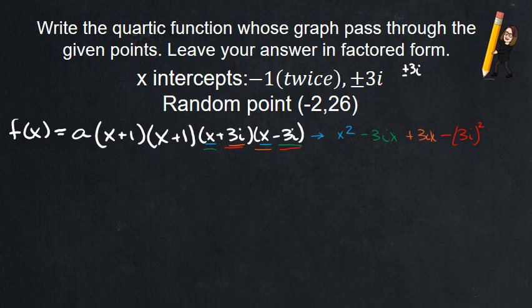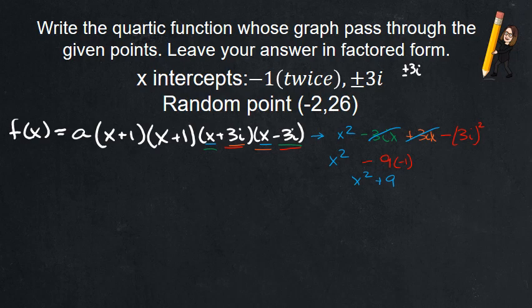Or I could write it as 3i times 3i if that's easier for you. So in this case, we're going to keep the x squared. Notice how the outer and inner cancel. Perfect. And then the last here, minus 3 squared is a 9, i squared is a negative 1. So this is all going to become x squared plus 9.